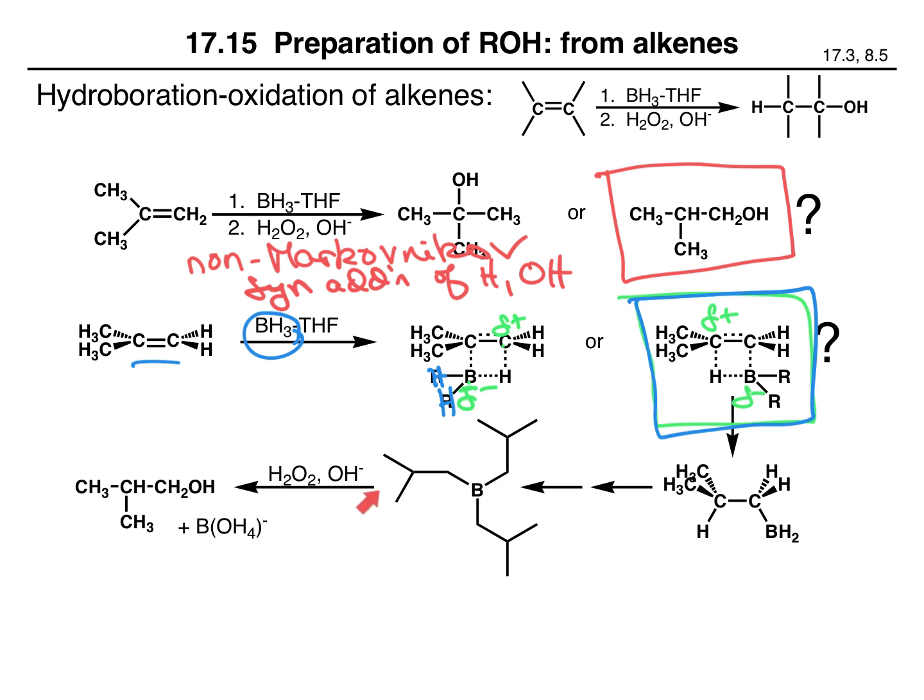Then with oxidation, we get back three of these, where this carbon that was connected to the boron becomes connected to an OH. So hydroboration oxidation gives us non-Markovnikov syn addition of H and OH across the double bond.